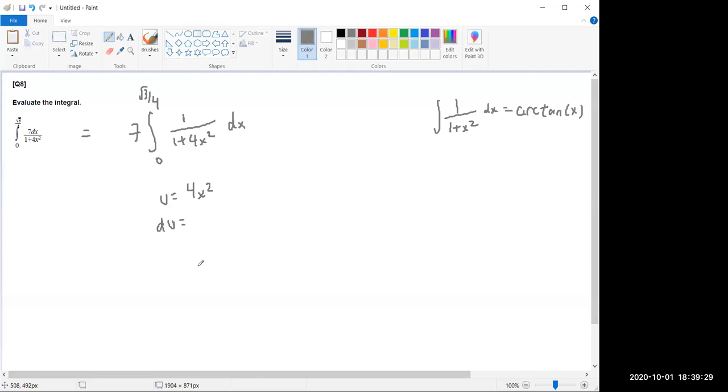Then we will have 1 over 1 plus just u. That's not in the form of arctan, so u wouldn't be 4x squared, unfortunately. But what should it be? Someone said 2x. Let's see if that works. If it's 2x, then we will have 1 over 1 plus what goes here? U. Yeah, I think that's u squared, right?